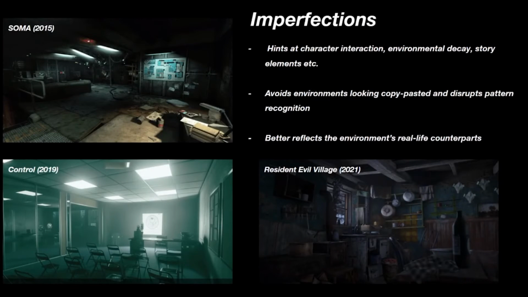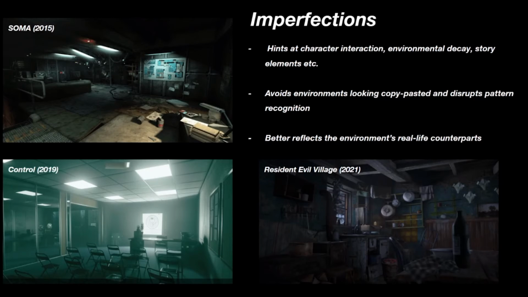On top of that, imperfections are incredibly important because humans inherently are imperfect. It's very uncanny to walk into a game environment and see everything lined up perfectly because it just doesn't really happen. In some instances, it can work, like if you're trying to go for a futuristic environment where things are super clean or are run by an AI, like in 2001: A Space Odyssey, for example, it's appropriate.